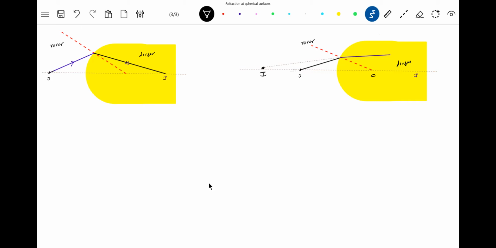Hope everyone is getting this: this is the center of curvature, this is P, this is M. What we had in the discussion can happen, so still that formula is very much applicable. Look at the image. Earlier the image was in the denser medium. Now the image is again in the same medium. Object and image can both be in the same medium. Instead of bending more, the ray will bend slightly. It all depends on the values of mu2, mu1, and also the object distance.